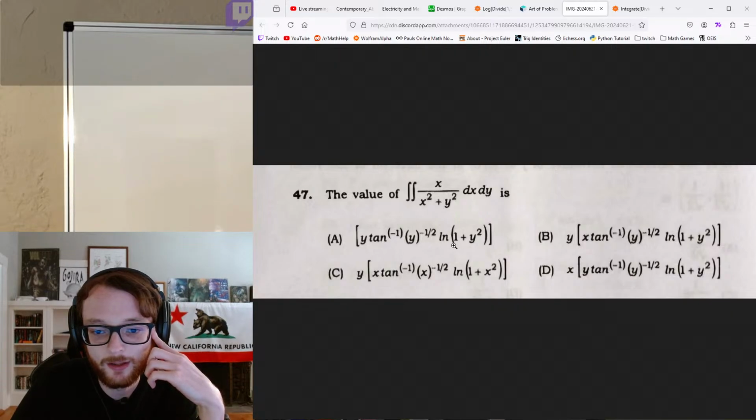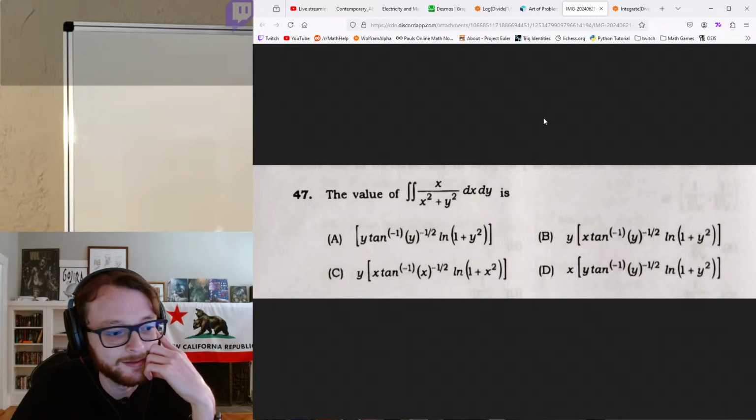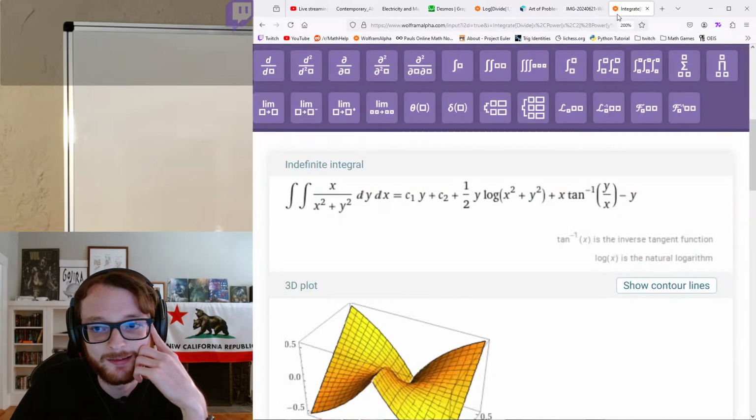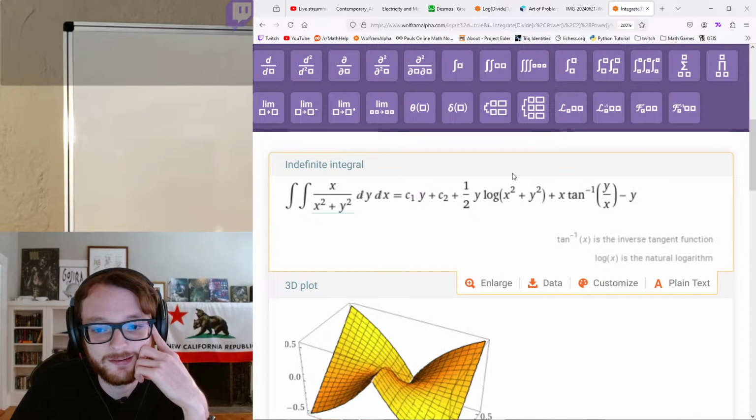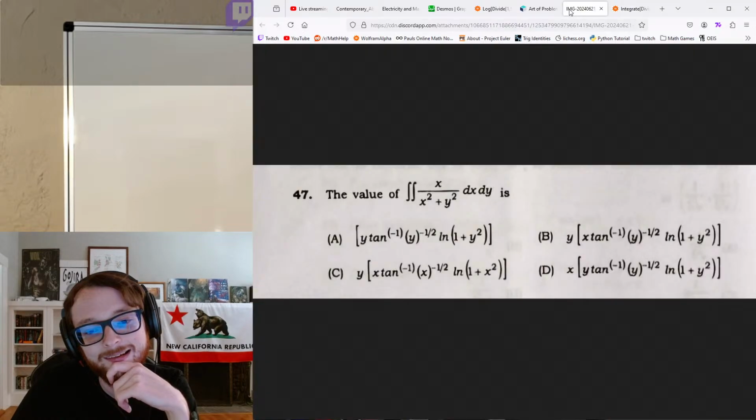Same with the ln. Yeah, this is weird. I don't think any of these are the same as what Wolfram gets.